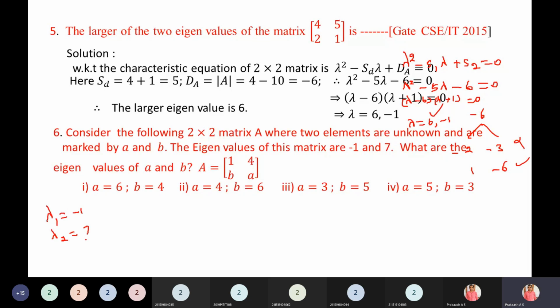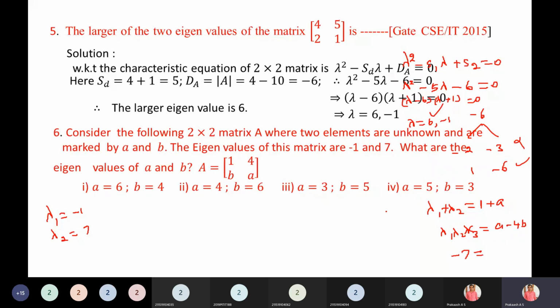We can use lambda 1 plus lambda 2 equal to the sum of the main diagonal elements, 1 plus A. The product of lambda 1 and lambda 2 is the determinant, A minus 4B, so the product is minus 7.